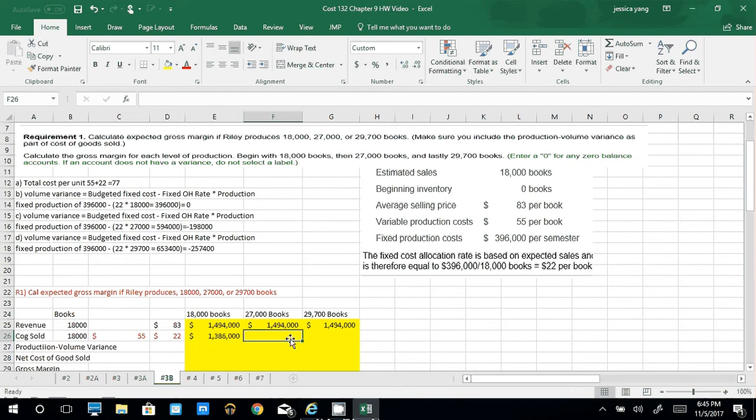For the 27,000 books and the 29,700 books, I would do the same thing, taking $77 times 18,000 books, and that gives me the same $1,386,000.